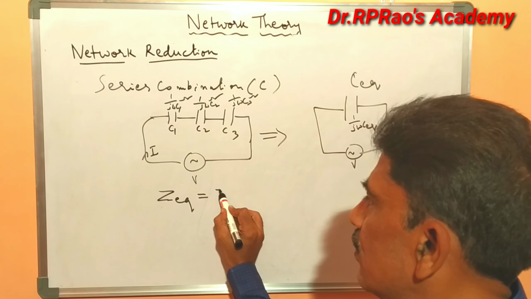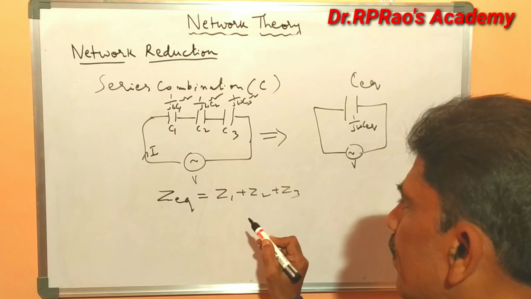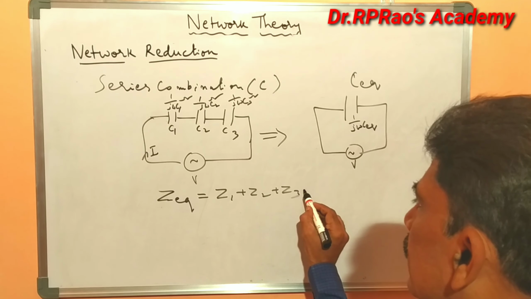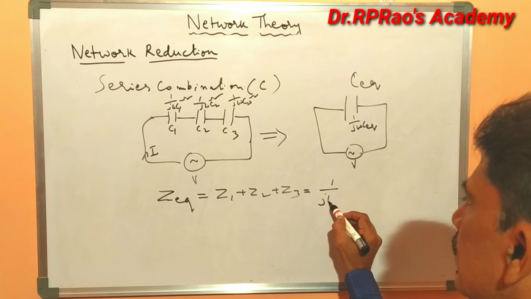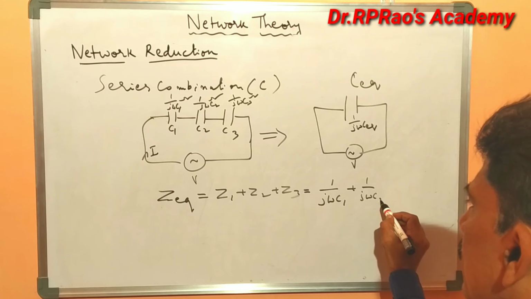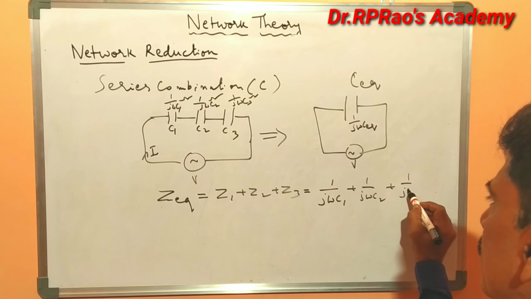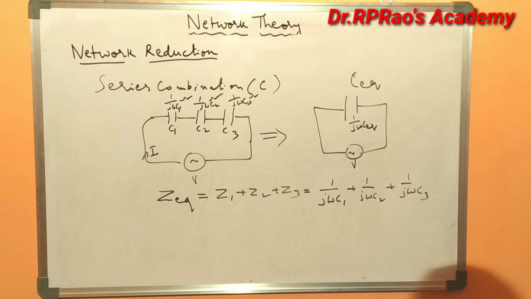Z equivalent is equal to Z1 plus Z2 plus Z3, which is equal to 1 by j omega C1 plus 1 by j omega C2 plus 1 by j omega C3. And Z equivalent is 1 by j omega C equivalent.